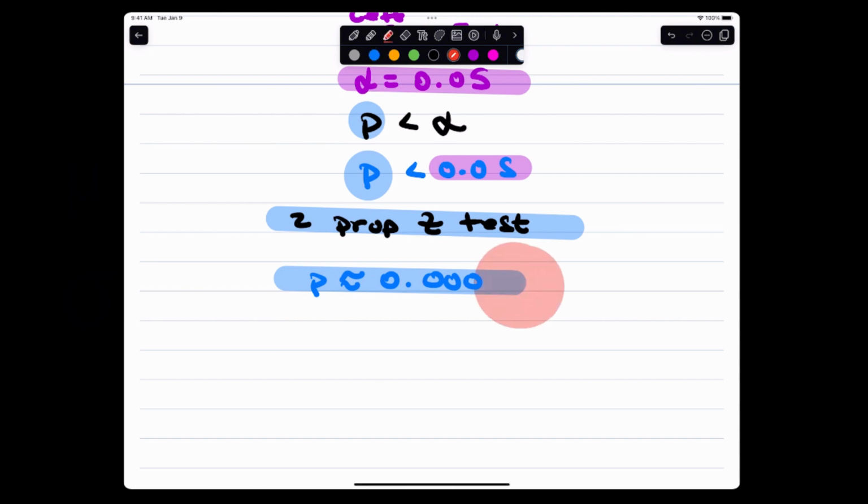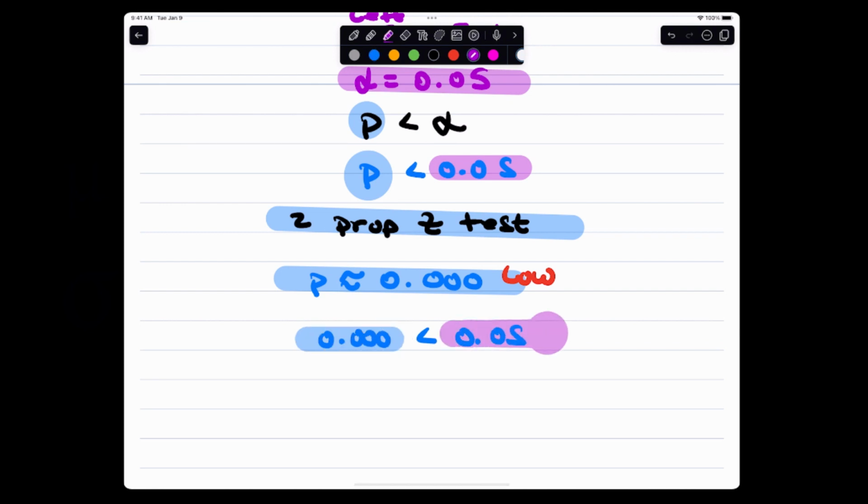Is that low? Is 0 lower than 5%? So the p-value is low. What does that mean? The null has to go.